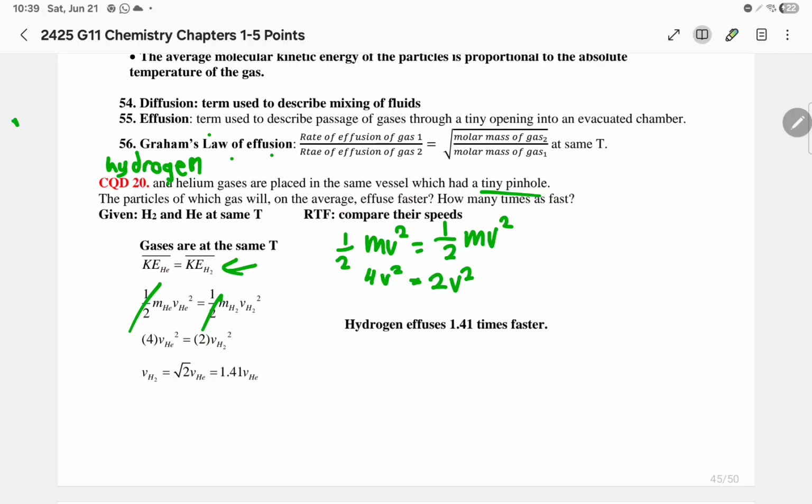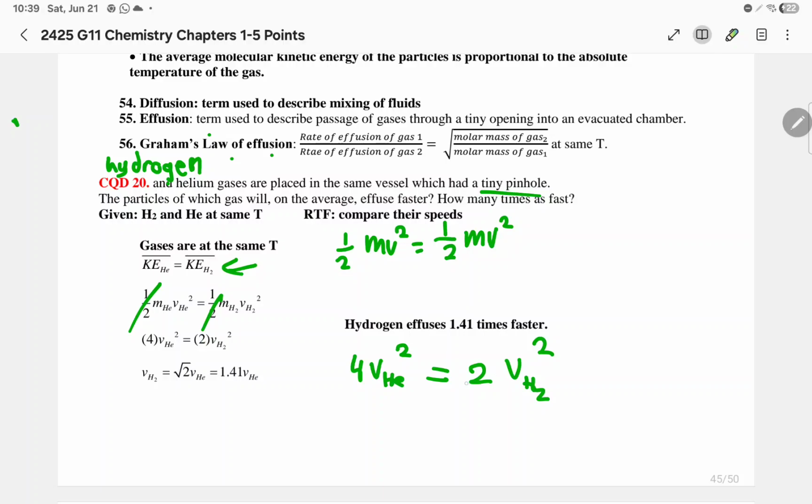So what we have is 4 v helium squared equals 2 v hydrogen squared.